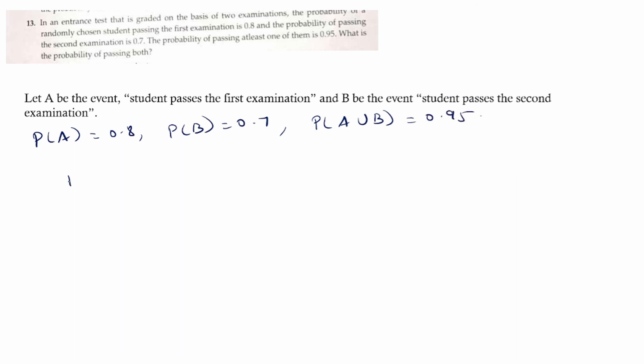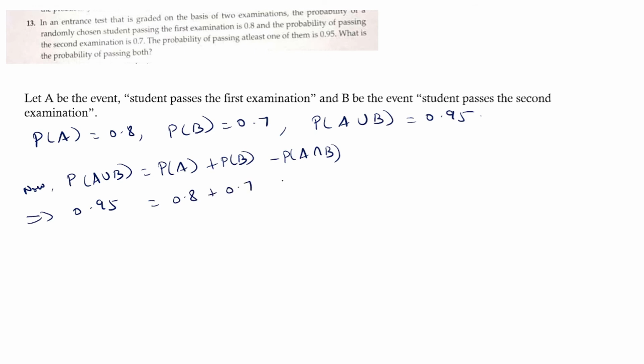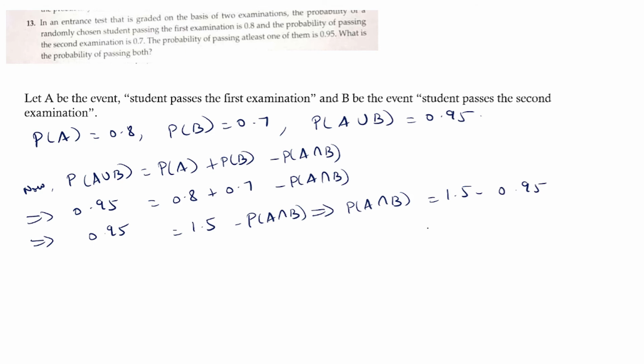Now we need to find P of A intersection B. Now P of A union B equal to P of A plus P of B minus P of A intersection B. So this implies 0.95 equal to 0.8 plus 0.7 minus P of A intersection B. So this implies 0.95 is equal to 1.5 minus P of A intersection B. So from this we have P of A intersection B, it is 1.5 minus 0.95.